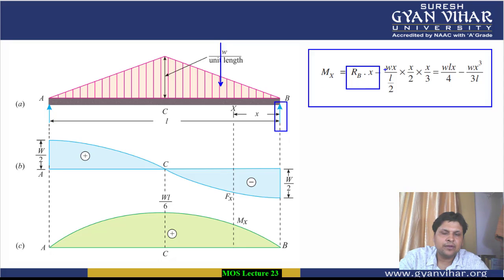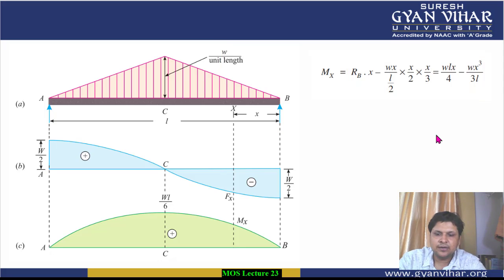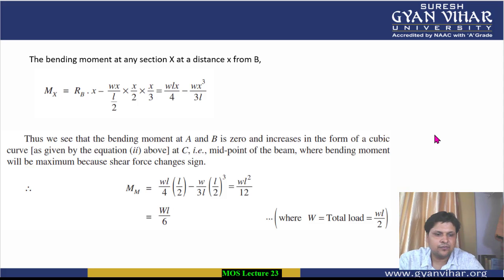It will be equal to Wx divided by L by 2 into x by 2 into x by 3. All right. So in this way, this is the weightage of the UVL considered for the equation, Wx cube by 3L. This is the weightage of UVL. All right. So in this way, we have calculated the bending moment equation also.